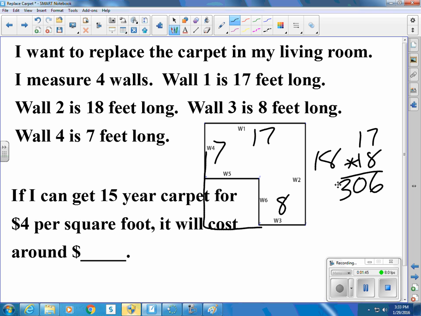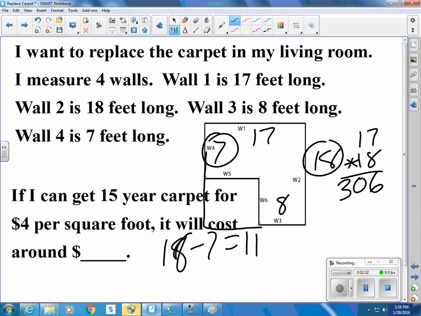Well, if I could find out how big wall 6 is, well, wall 6 is this 18 feet minus the 7 feet. So 18 minus 7 tells me that this piece is 11. So the piece that's missing, I need to find out what wall 5 is also.